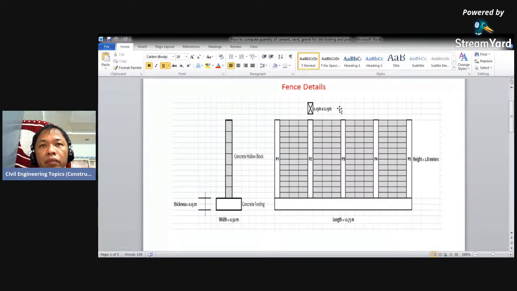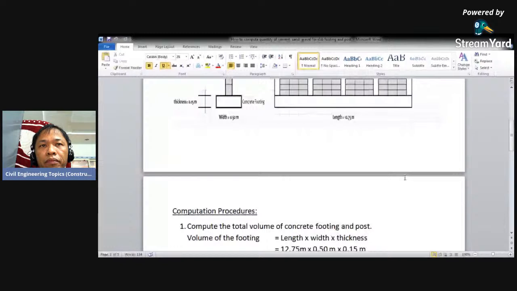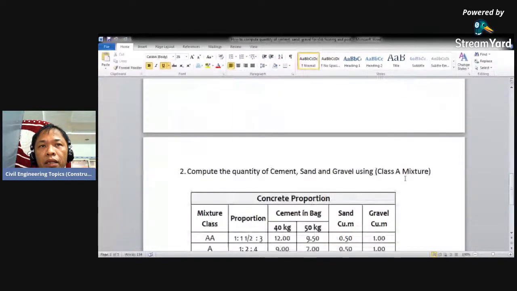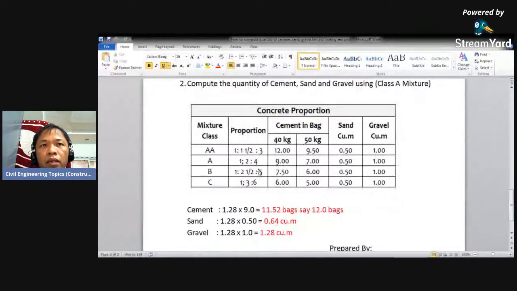We need 12 bags of cement and 0.64 cubic meter of sand and 1.28 cubic meter of gravel by using class A mixture.